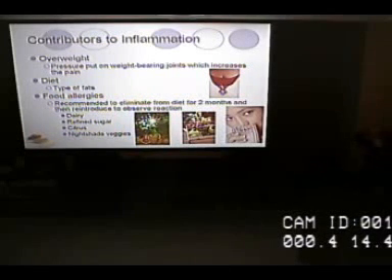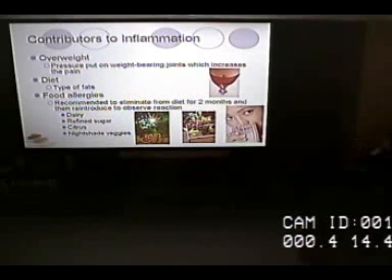Things that will also contribute to inflammation: being overweight puts extra pressure on the joints. Again, I'll get more into each of these, the types of fats. The food allergies, there are things that actually put an extra burden on the body a little bit more. A lot of them are gluten, which is in wheat, barley, and rye.